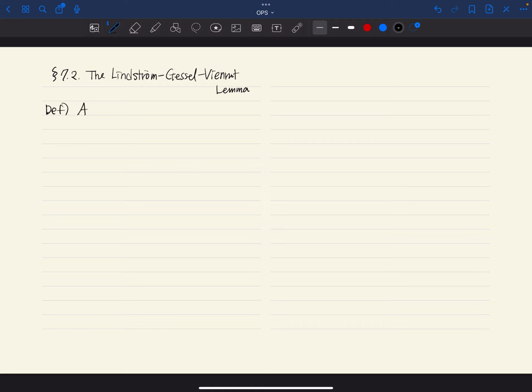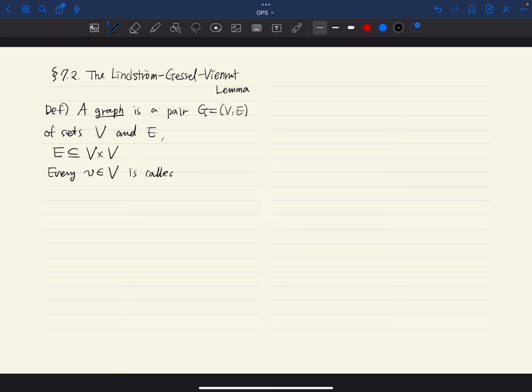So a graph is a pair of sets V and E, where E is a subset of V cross V, the Cartesian product with V. So every element in V is called a vertex, and every element in E is called an edge.